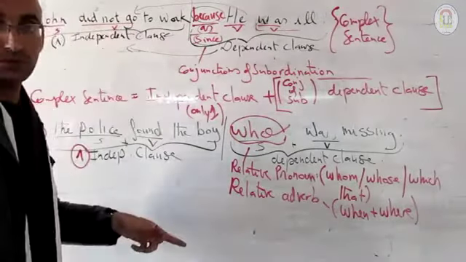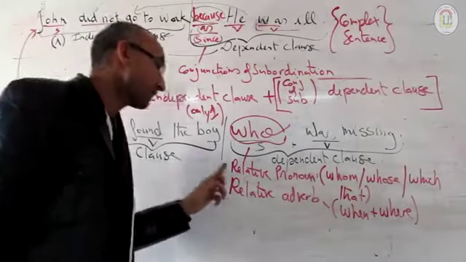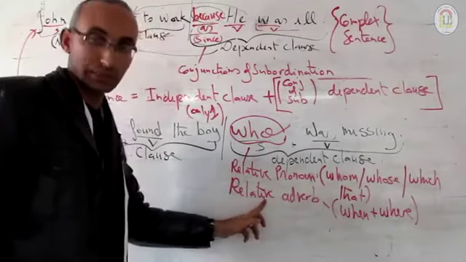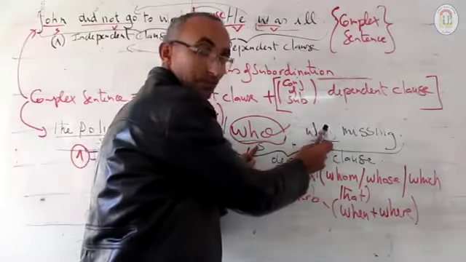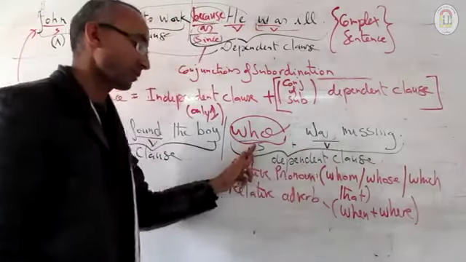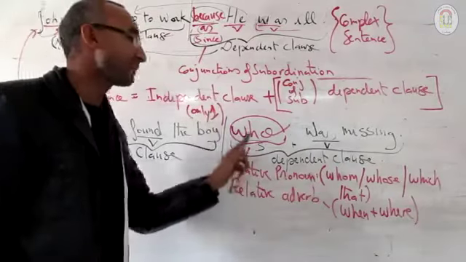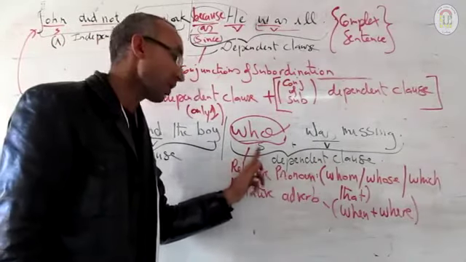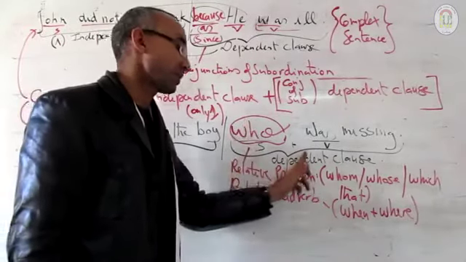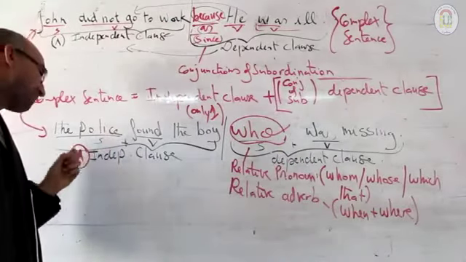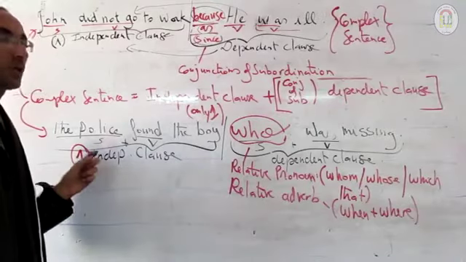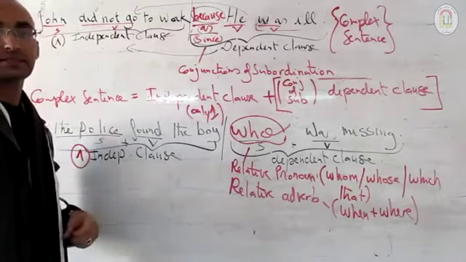Here also, I have used relative pronouns or adverbs to join this dependent clause. Alright, and the relative pronoun or adverb always comes at the beginning of a dependent clause and joins it to the only independent clause in this complex sentence.